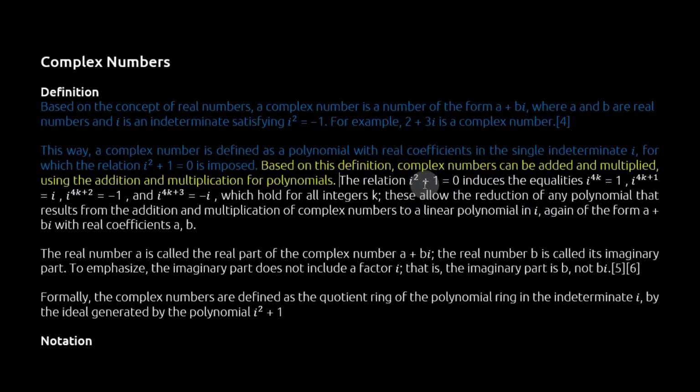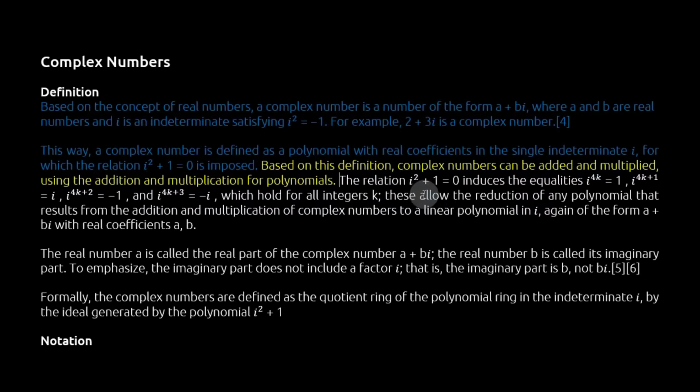The relation i squared plus 1 is equal to 0 introduces the equalities i to the power 4k is equal to 1, and so on, by induction, which hold for the integers k. This allows for the reduction of a polynomial that results from the addition and multiplication. Okay, this is a result of what this can do.